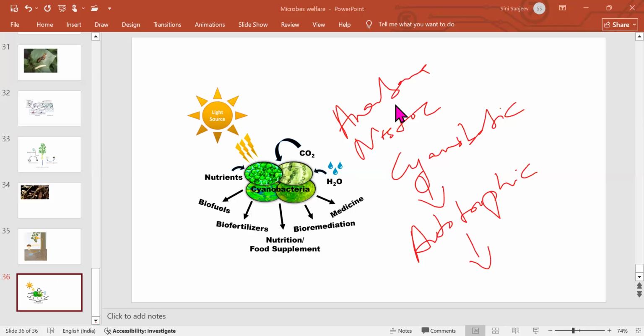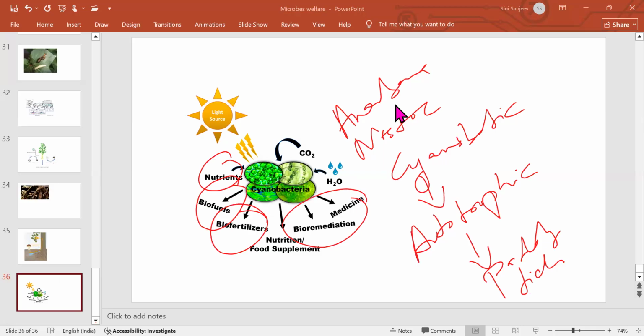They are basically used in paddy fields, and further act as nutrients, biofuels, biofertilizers, medicines, bioremediation and so on. Usually biofertilizers like rhizobium, mycorrhiza or cyanobacteria have the major role of replenishing your soil with plenty of nutrients and reducing dependence on chemical fertilizers. So this is all about how microbes are useful in our day-to-day life.